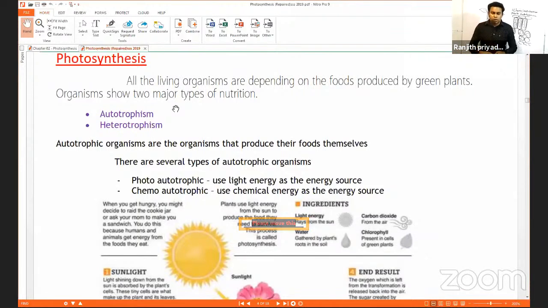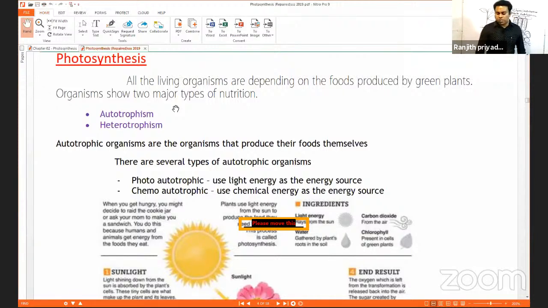Next point, take down. Mainly there are two types of nutrition. First one, autotropism.